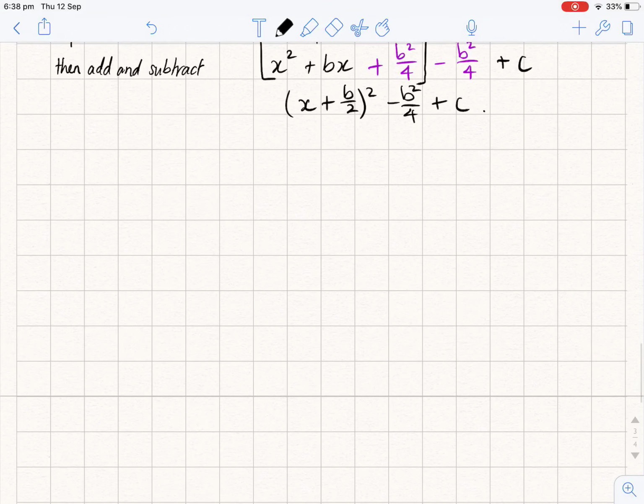Now what we can actually see in this expression is that we have turning point form. This is how far the graph will move left and right, and this is how far the graph moves up and down.